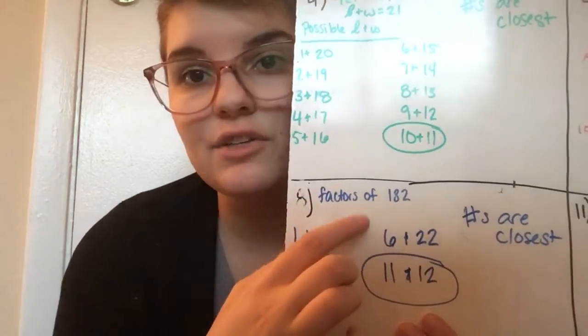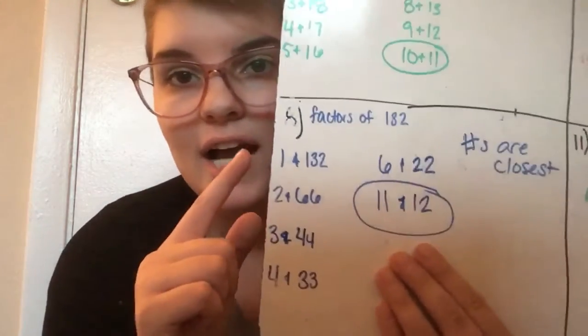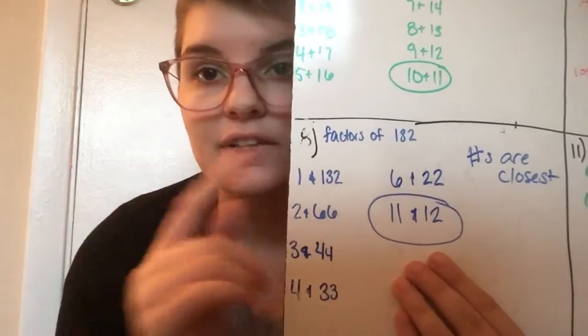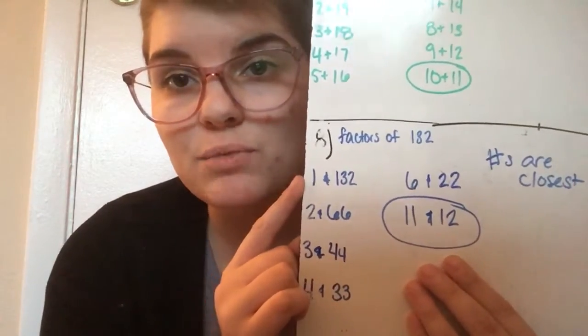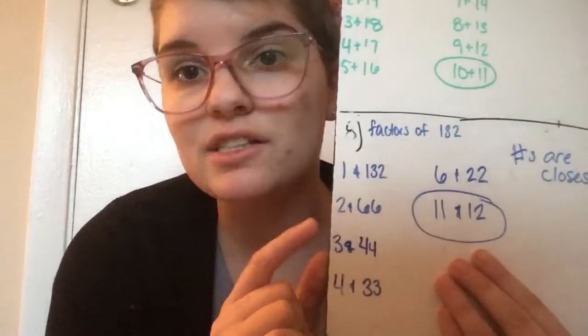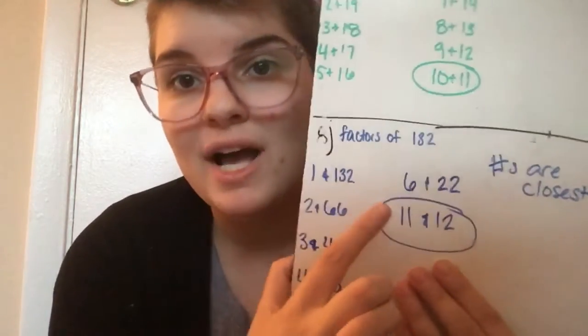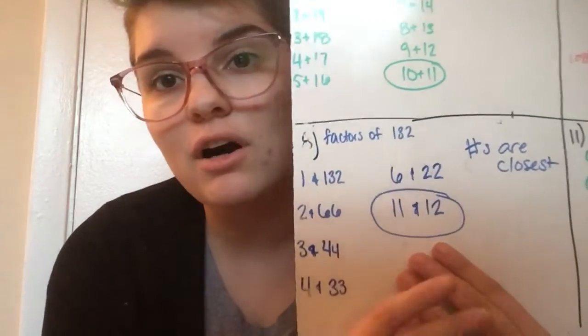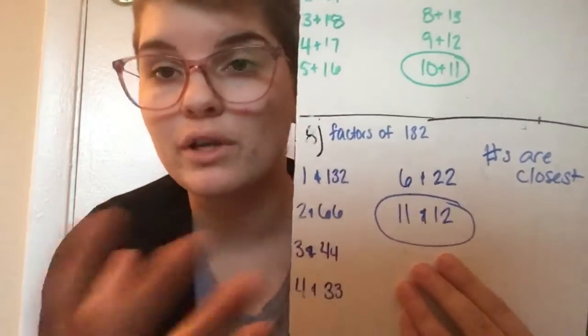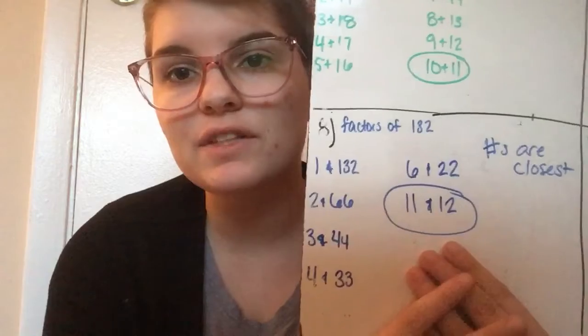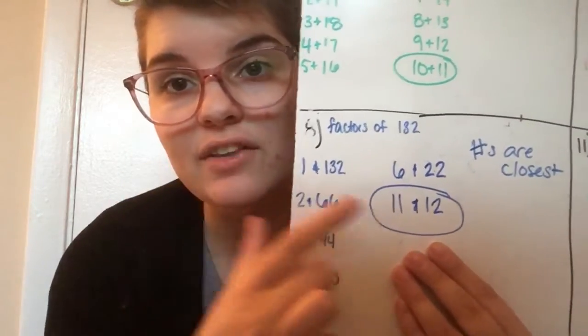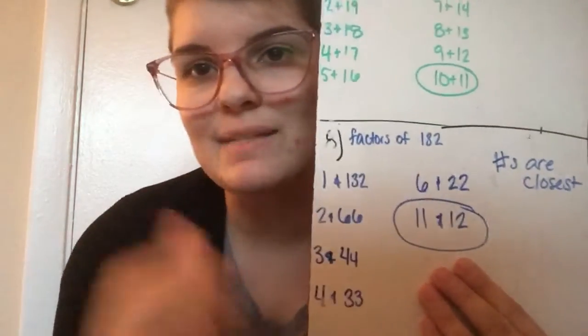And I already took the time and went through all of them. It's 1 and 132, 2 and 66, 3 and 44, 4 and 33, 6 and 22, and 11 and 12. Those are all of your possibilities of whole numbers. Then I look for the ones that are the closest together. It's 11 and 12. That's my answer.